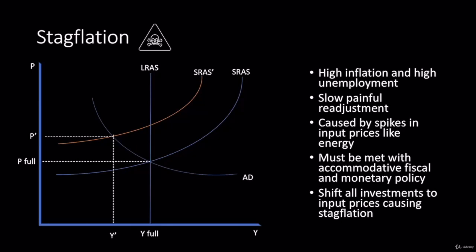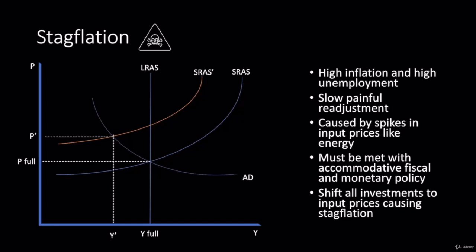In an environment where prices are rising and unemployment is rising, the readjustment towards the long-run full employment level is extremely slow and very painful, as you need people to regain trust and rework capital in such a way that aggregate supply goes back to original levels.